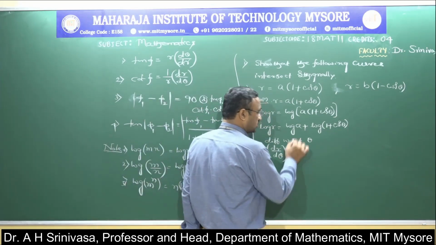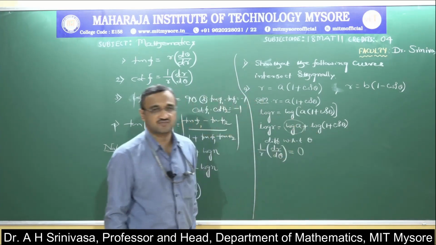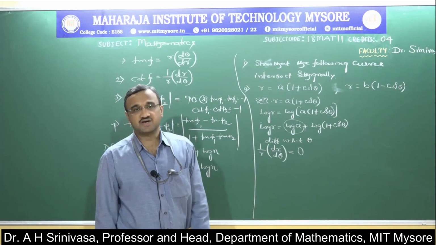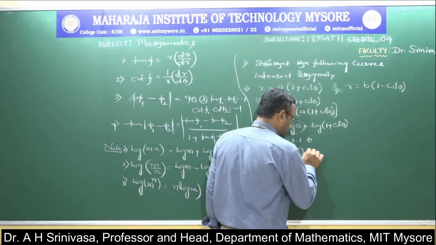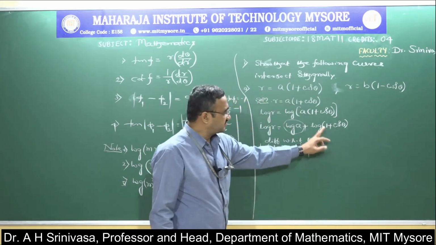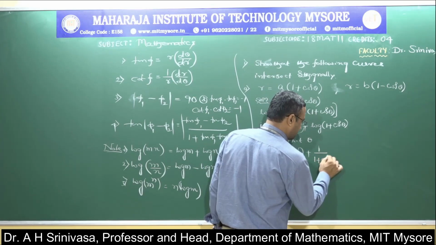Then the differentiation of a constant function, your log a, becomes 0. Plus, the differentiation of log becomes 1 by (1 plus cos theta).